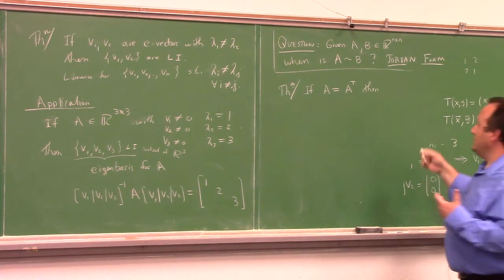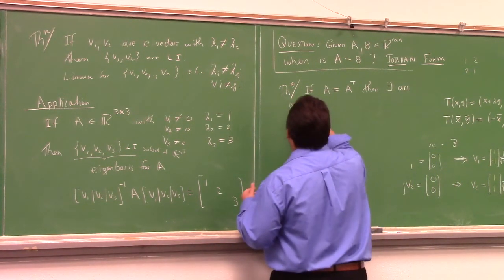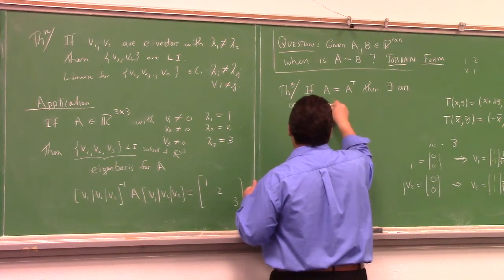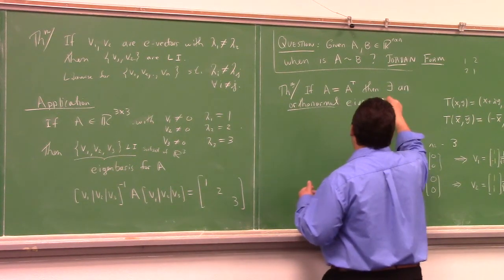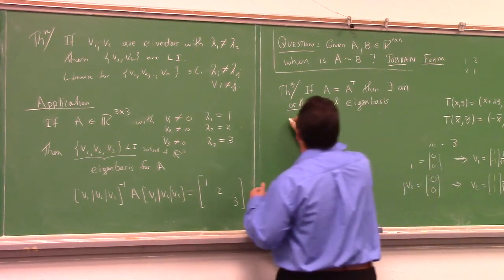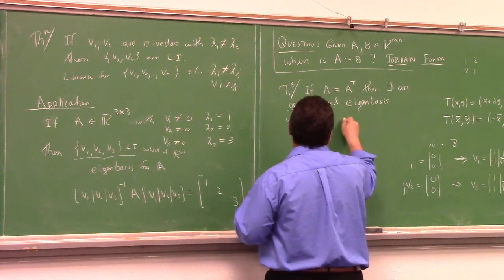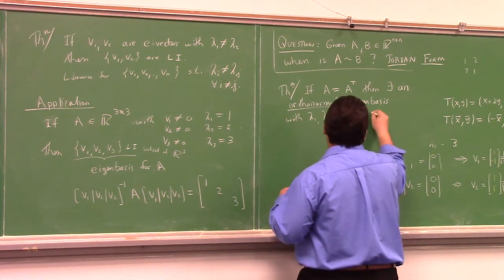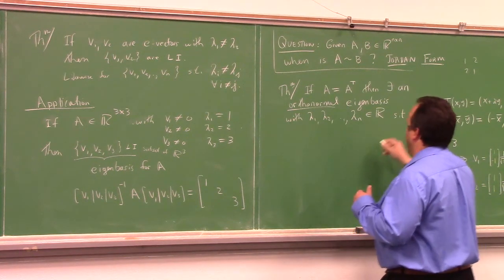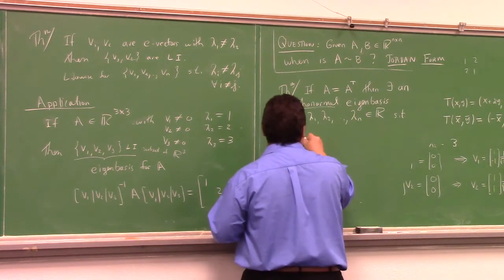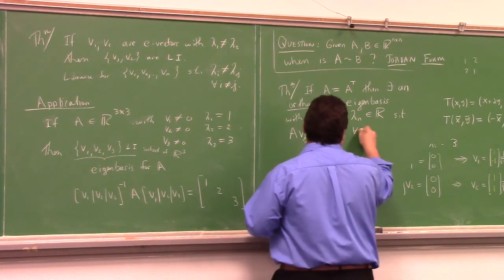Then there exists an orthonormal eigenbasis with lambda 1, lambda 2, possibly repeated, lambda n in the reals, such that A vj equals lambda j vj for all j.